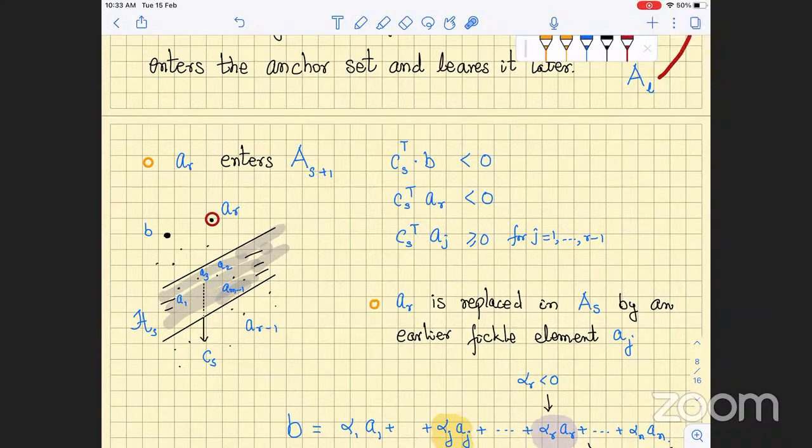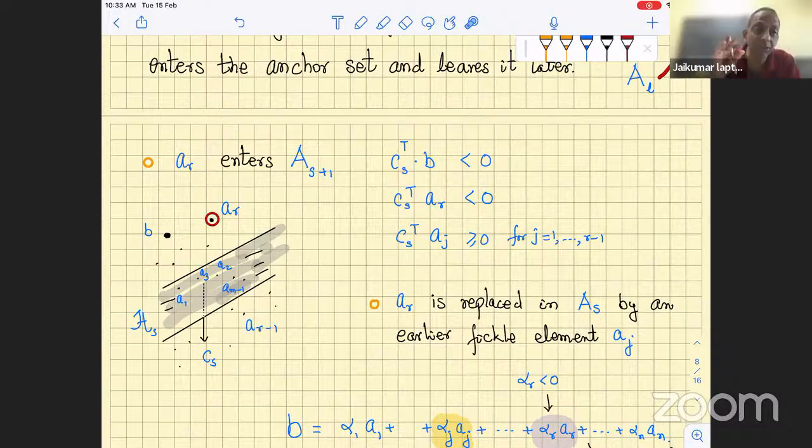Yes. Okay. Then there was a moment when A_R left the basis.